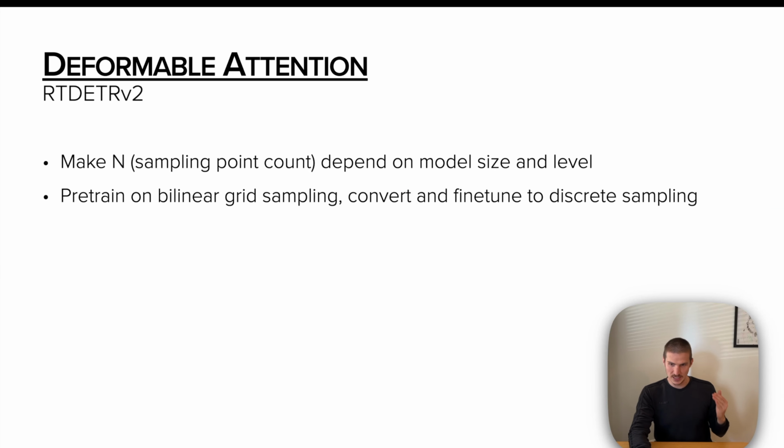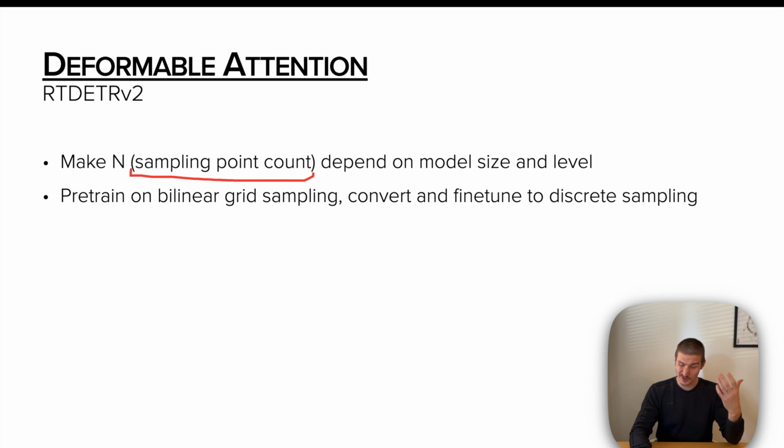So to sum up, in deformable attention in RT-DETR v2, we have 2 modifications. First modification is that the actual sampling point count, so the number of points we pay attention to, instead of being fixed per model, is now dependent on the actual model size and on level.